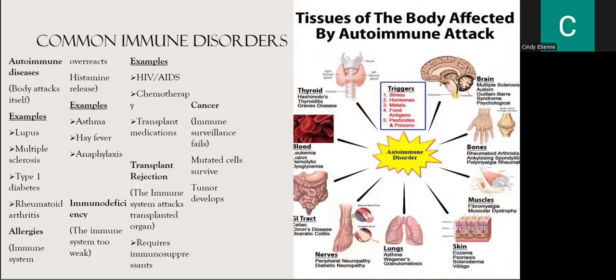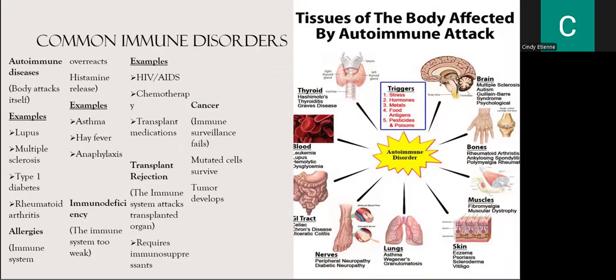All right, so congratulations. You now have the foundation of immunology. Rather than memorizing hundreds of diseases individually, think about the underlying immune process. Ask yourself, is the immune system overreacting, underreacting, attacking the body's own tissues, reacting to something foreign, or failing to recognize abnormal cells?